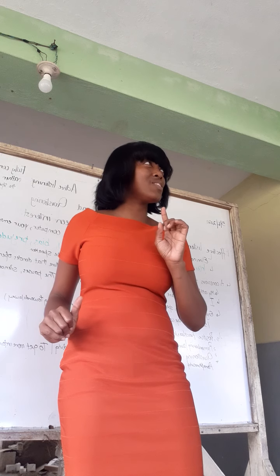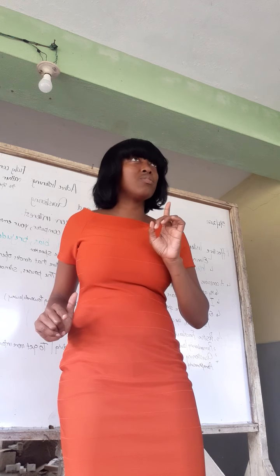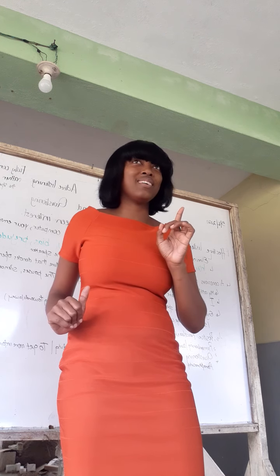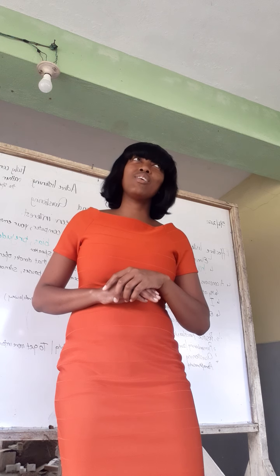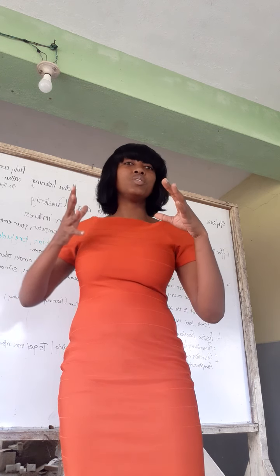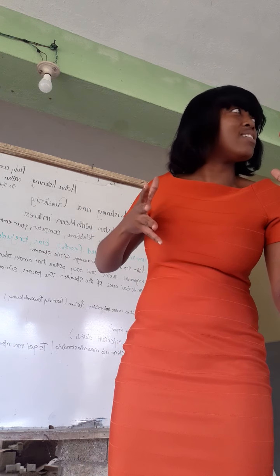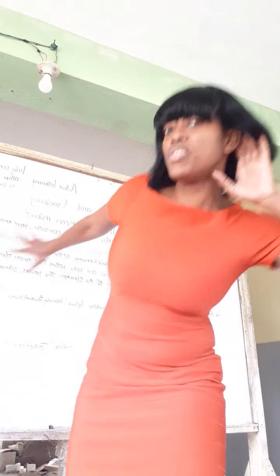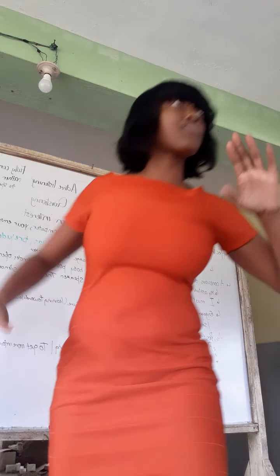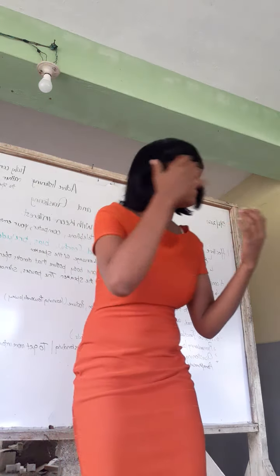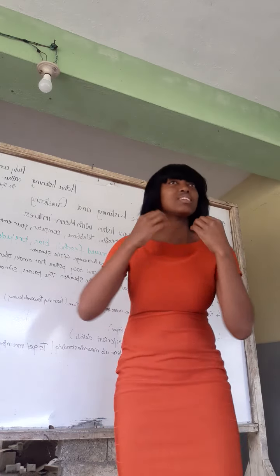These are the positive non-verbal things you're supposed to be doing. You're smiling and you're nodding. Whenever you lean towards the speaker, it shows that you are engaged in what they're saying.